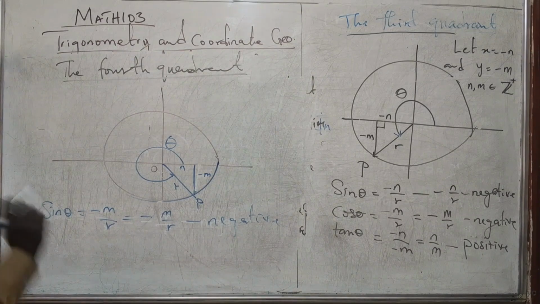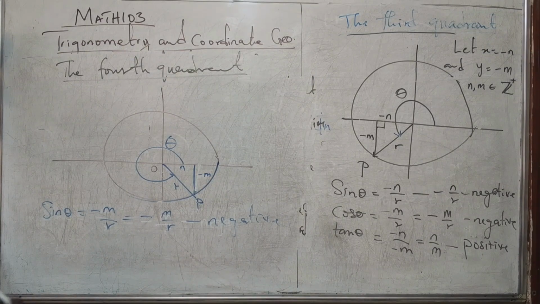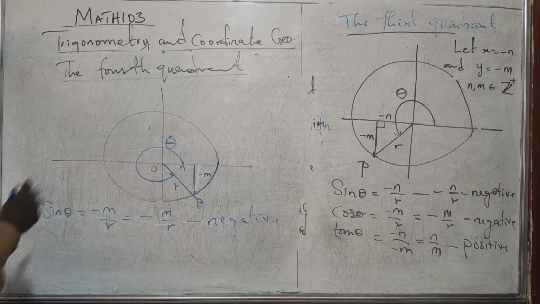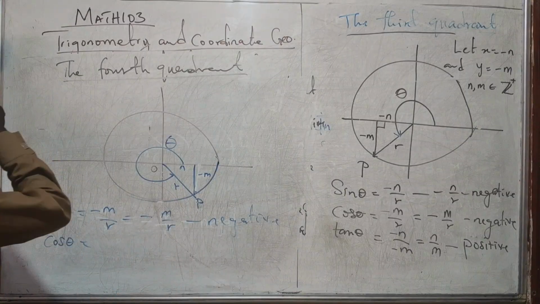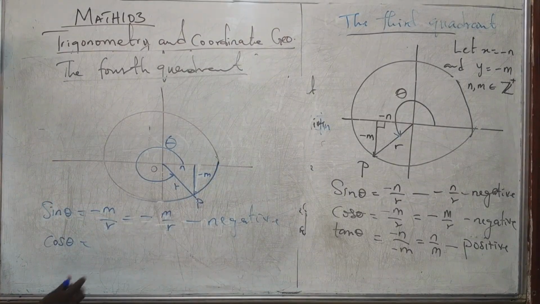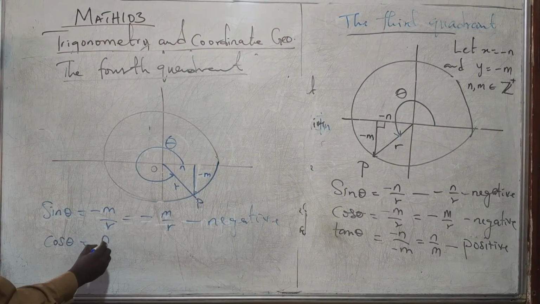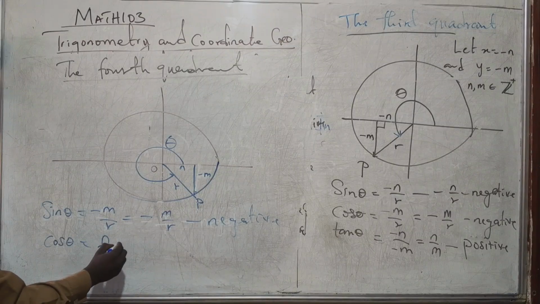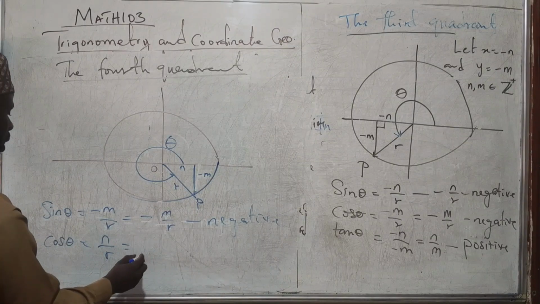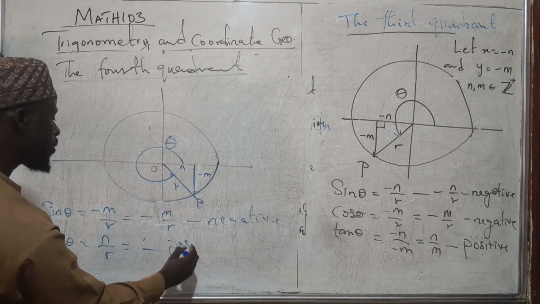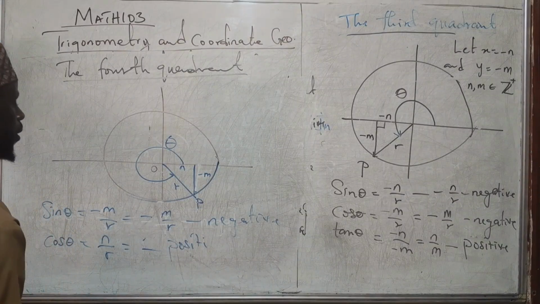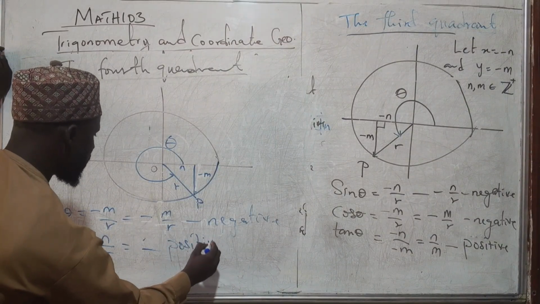Also, we will have cos theta to be equal to adjacent over hypotenuse. The adjacent is n, hypotenuse is r, so this is equal to n over r, and that is actually positive.